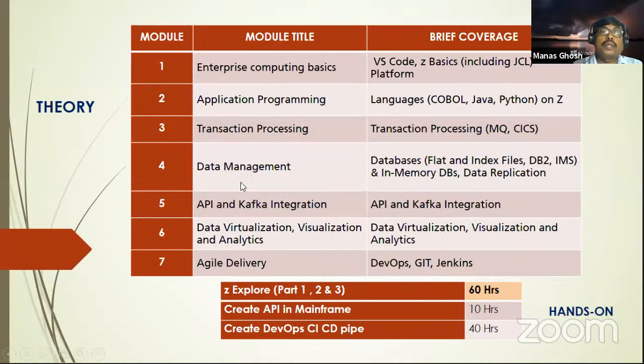Next we move to data management in module 4, where databases, different types of file systems, in-memory database and data replication will be covered. Module 5 is only for API and Kafka integration. Module 6 is data virtualization, visualization, and analytics as a brief introduction. And the last one is the agile developer module, which includes DevOps, Git, and Jenkins.